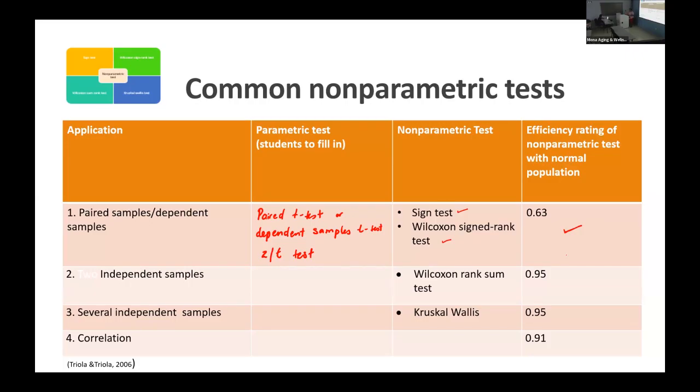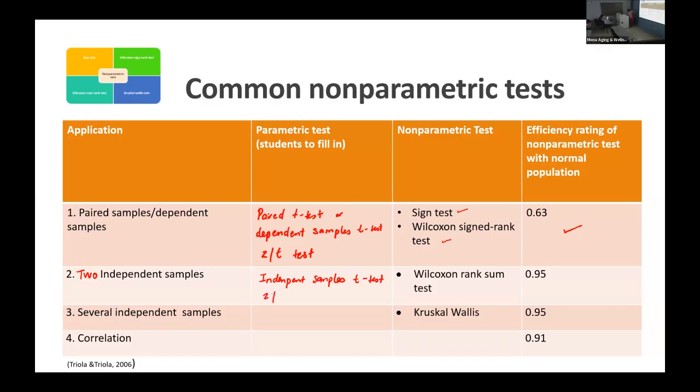What's the parametric analysis method for two independent samples? Independent samples t-test.